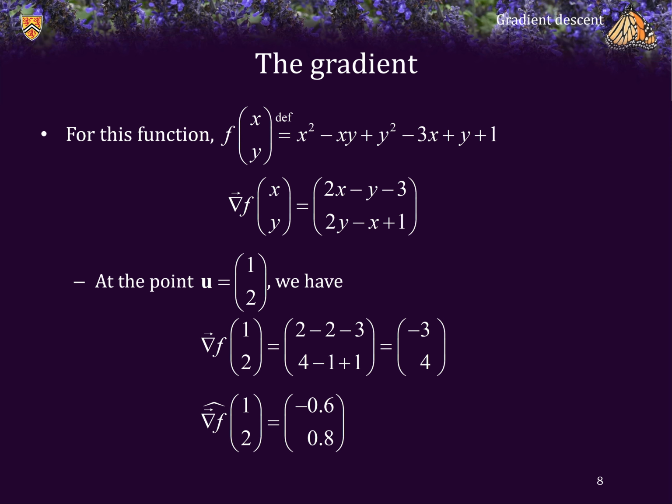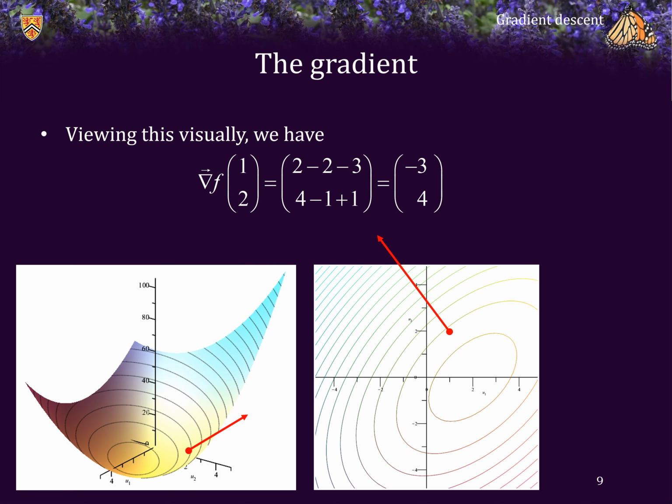Again, at every single point, the gradient is likely going to be different. Viewing this visually, on the right-hand side, we have the contour map and the point (1, 2), and the gradient, which is a vector (-3, 4).